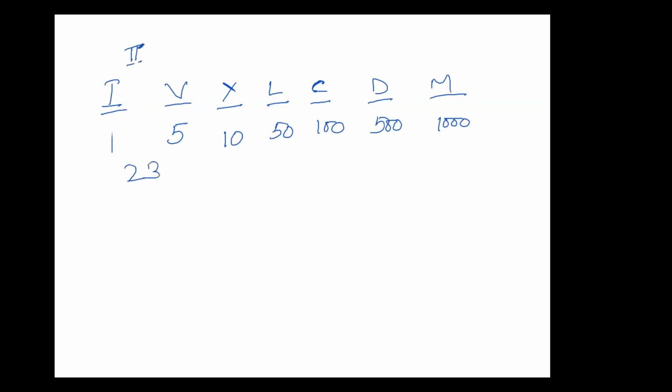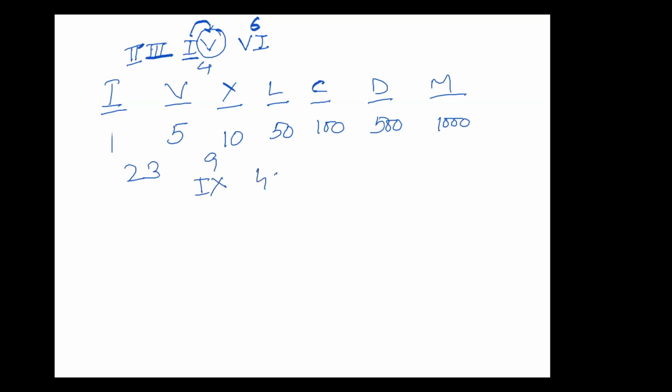Similarly, 3 is represented by 3 I's. But 4 is not represented by 4 I's. Rather, 4 becomes IV, which is 5 minus 1. I comes before 5. If I add I after 5, it becomes 6. Similarly, for 9, we will have IX.